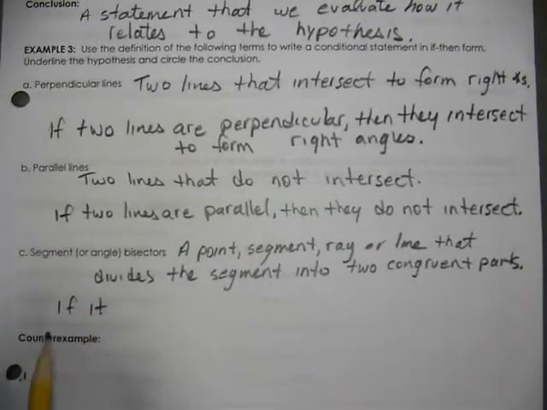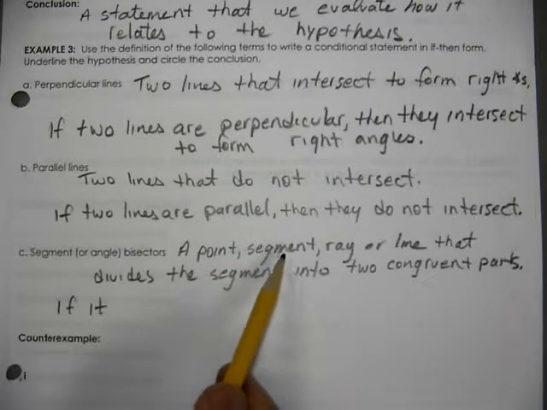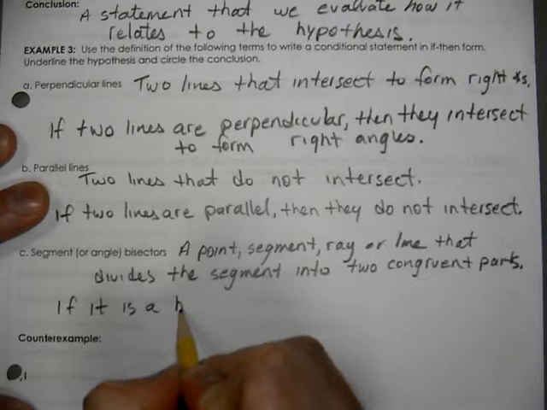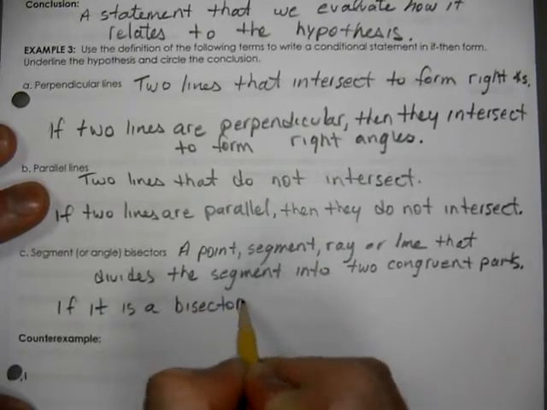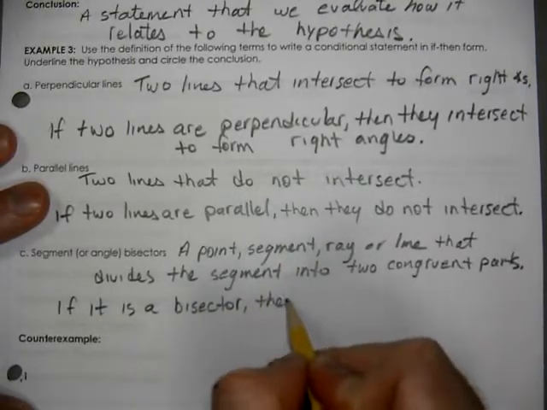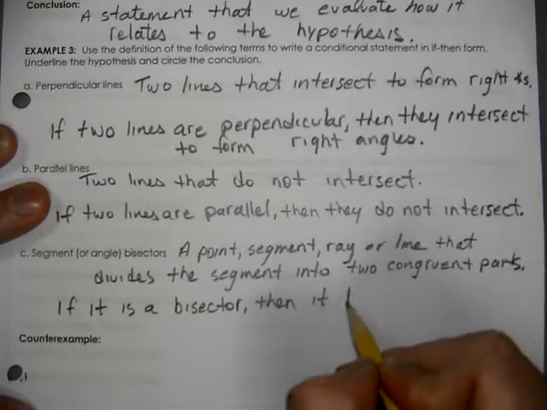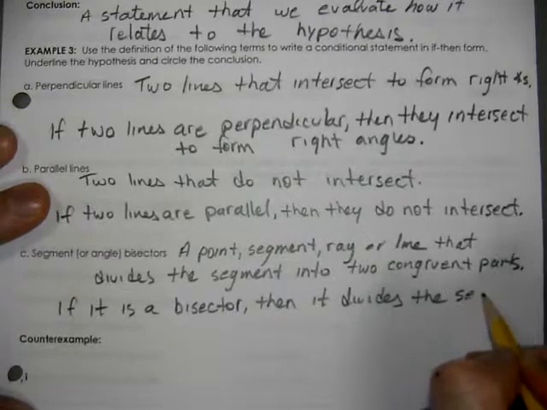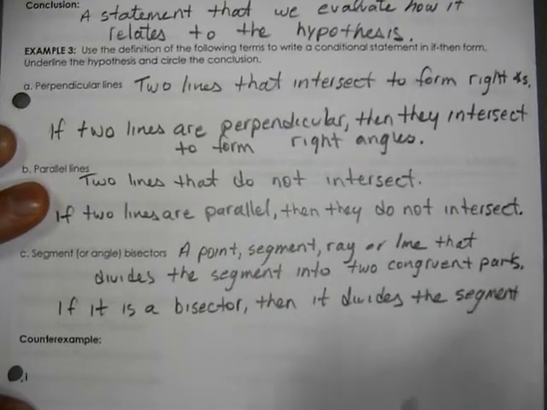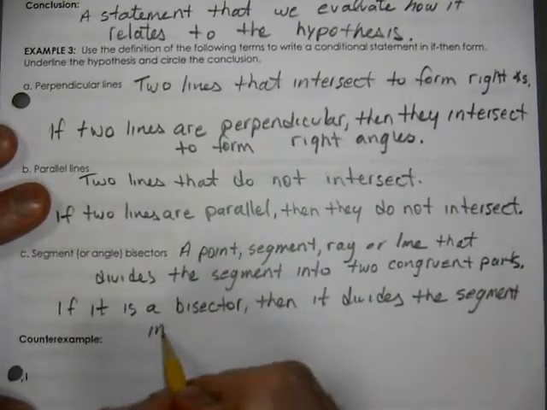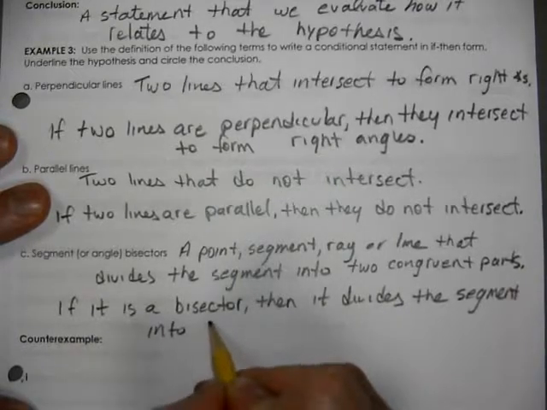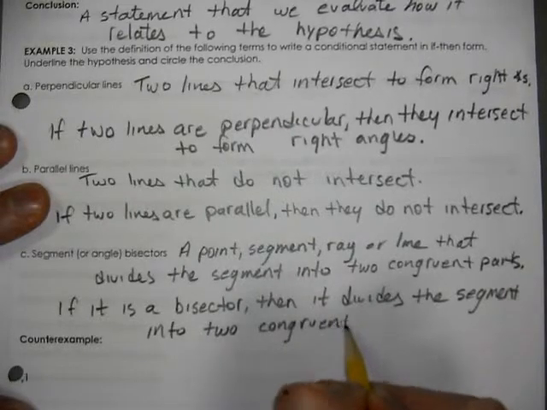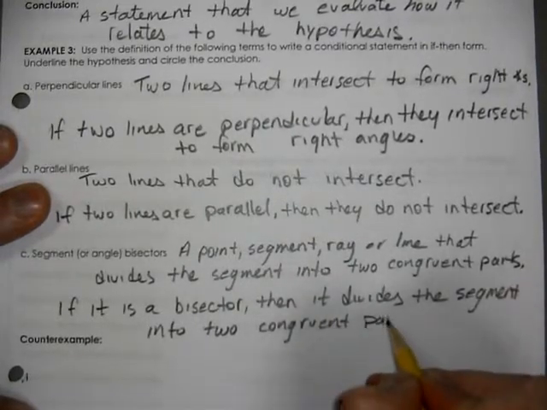If it is referring to a point, a segment, a ray, or a line, if it is a bisector, then it divides the segment into two congruent parts.